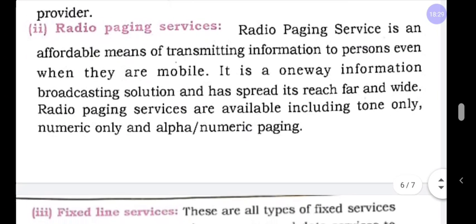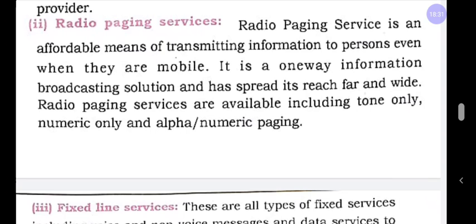Next one, radio paging services. Radio paging services transfer information to a person when they are mobile. The radio is a one-way communication. You can observe in Vividha Bharati or Doordarshan, they give advertisements.